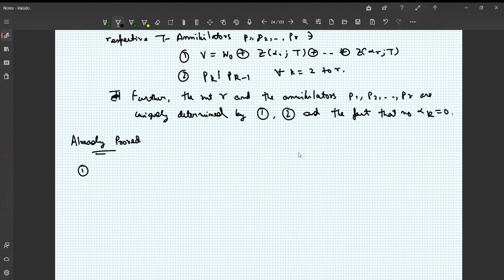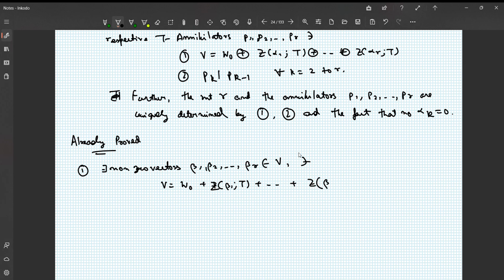Statement number one was of this form: there exist non-zero vectors, which we said as beta 1, beta 2 till beta r in V, such that V is a sum of W naught and the T cyclic subspaces generated by these vectors, Z beta 1 T and so on till Z beta r T. Observe that this wasn't a direct sum, this was a simple sum.